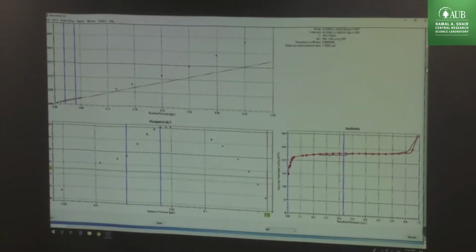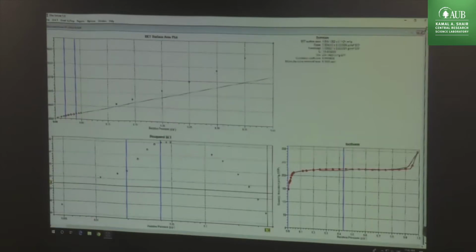Okay, you have 1019 square meters per gram. This is what we're expecting, very high surface area materials. So how can I adjust for the best limit for the BET? It's very important. You see here, for example, this is the lower limit and higher limit.